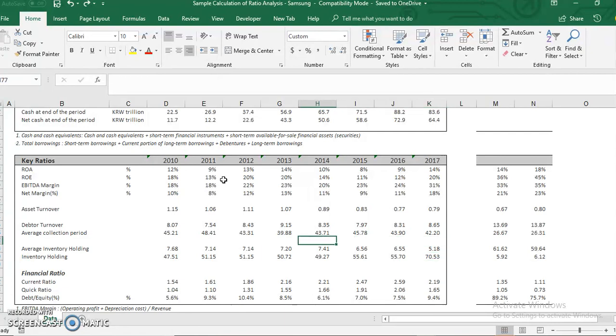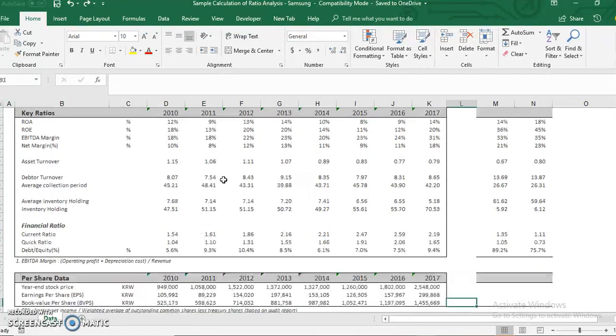Debtors turnover means the average collection period. The average collection period of Samsung is very high compared to Apple, which maybe means that Apple is more efficient in collecting its dues, or the model is that they are not selling anything on credit. So it can be different. As I said, the different models are different. Here the inventory holding period of Samsung is 50 days, while, did I calculate it wrong?